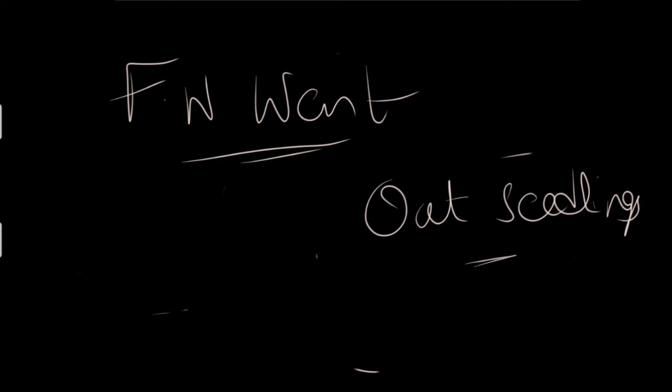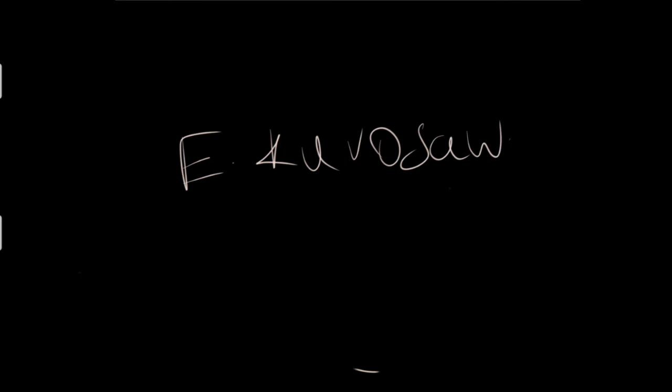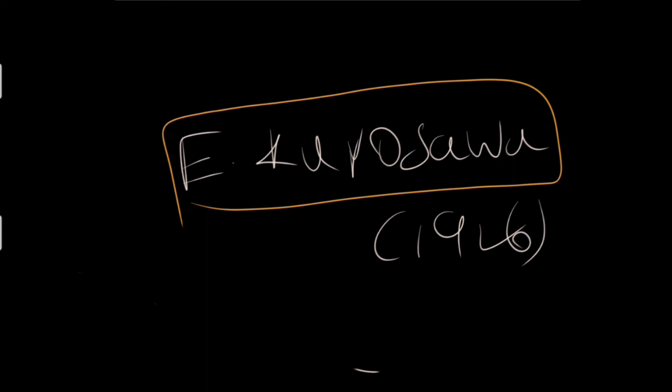Now let's discuss the discovery of the second compound, gibberellic acid or gibberellins. We have completed auxins. This was also a serendipity when E. Kurosawa in 1926 was working on rice seedlings.